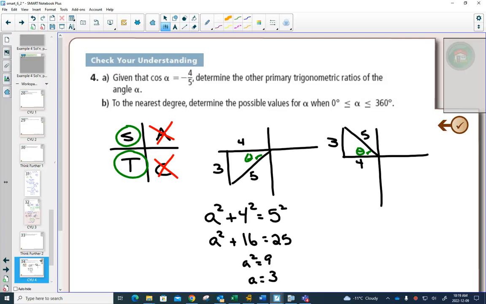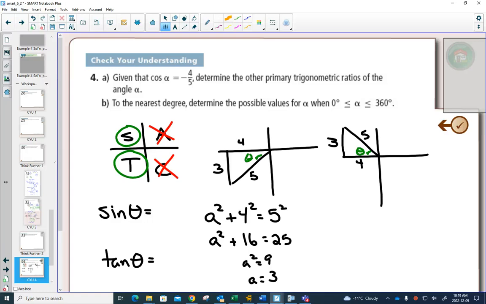So this question wants us to find sine of theta, and it wants us to find tan of theta. It says, determine the other primary trig ratios. So determining a trig ratio is just using the definition. Sine is opposite over hypotenuse.